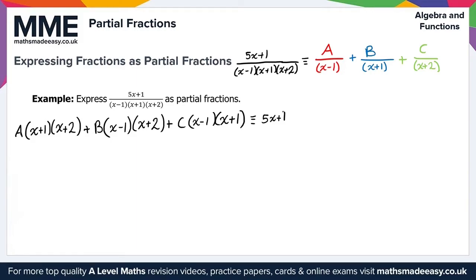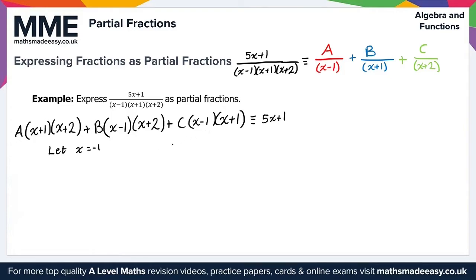Okay. Now here, all I'm simply going to do is use substitution to identify the values of A, B and C. And when we use substitution, what we want to do is substitute a value in such that it eliminates at least two of the variables. So for example, if we let x equal -1, well in that case, that would be -1 plus 1, giving us 0 there, so the A would disappear.